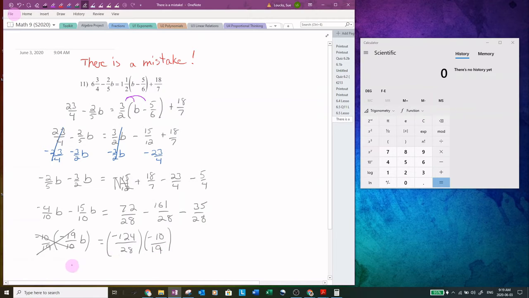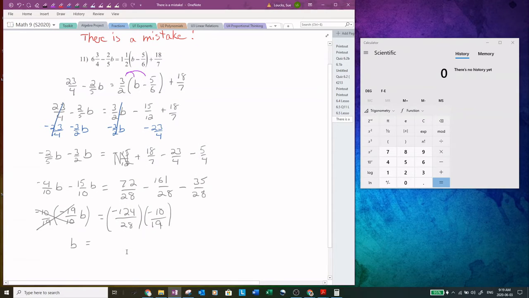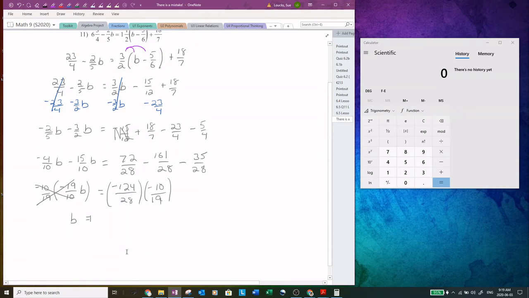Okay, and then I get b equals, and I'm going to take a stab at it: does 124 divide by 19? Nope, it doesn't. Darn. But this divides by 2, so this becomes 5, and this divides by 2, so that's 14. And I can reduce this. Let's see if 124 divides by 7.